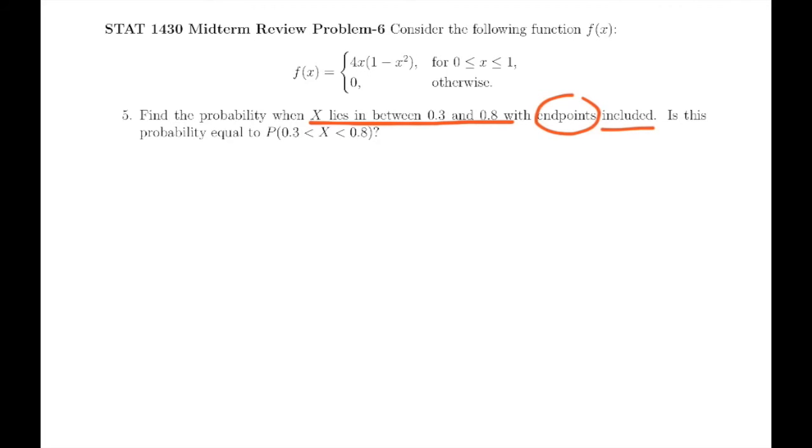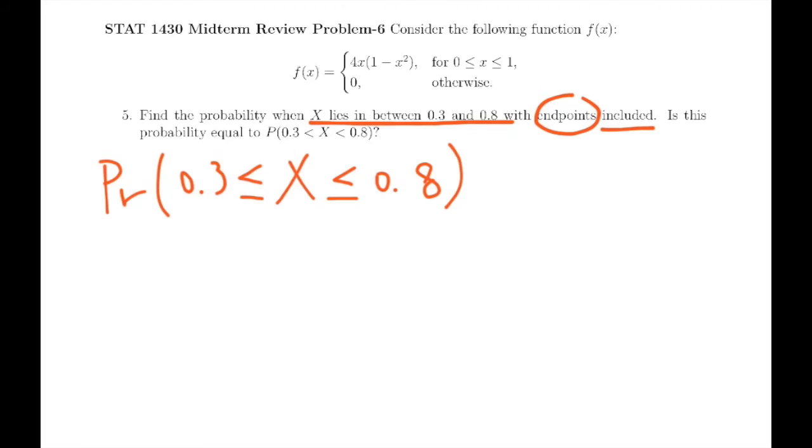Okay, basically in the first part we want to find the probability of 0.3 less than or equal to capital X less than or equal to 0.8, because we want the endpoints to be included, so we will use the less than or equal sign.